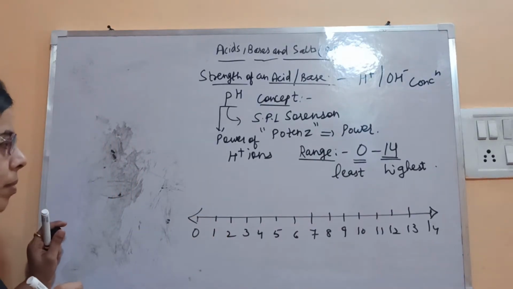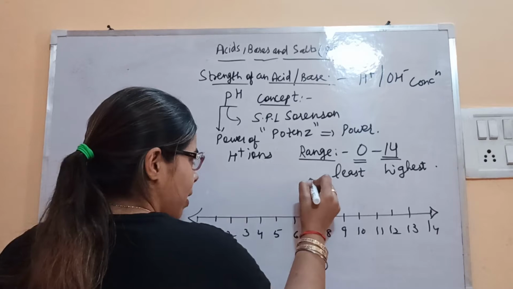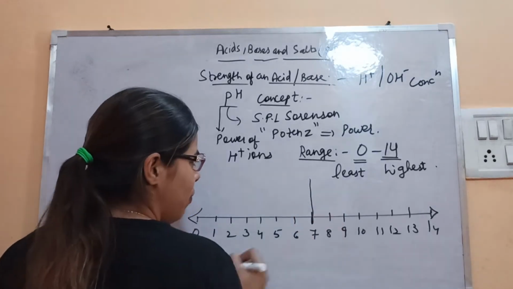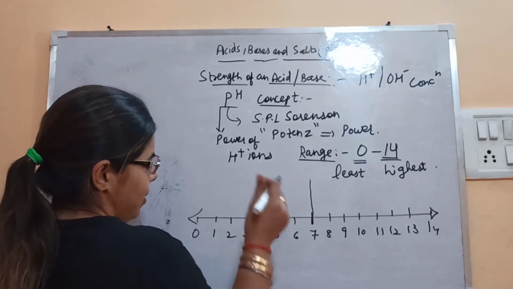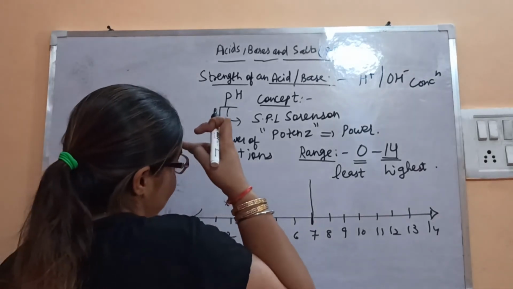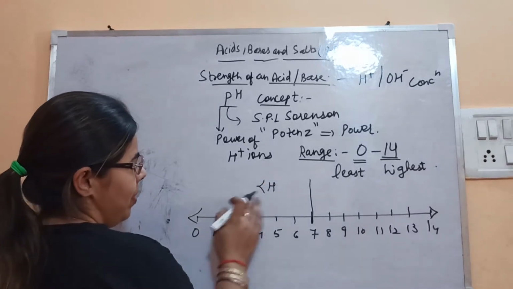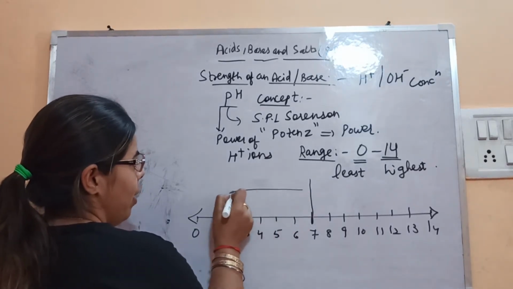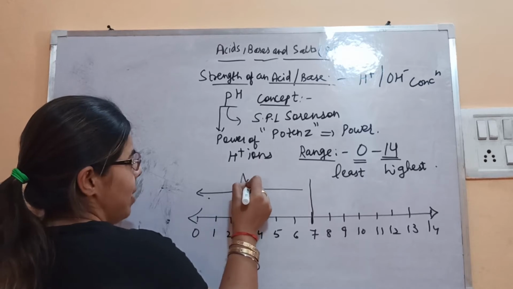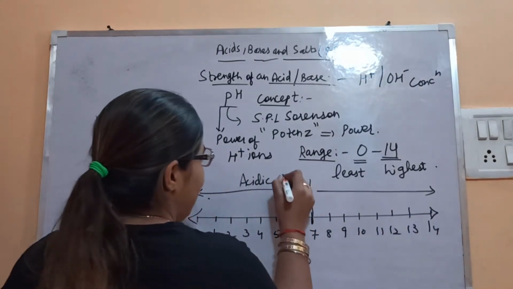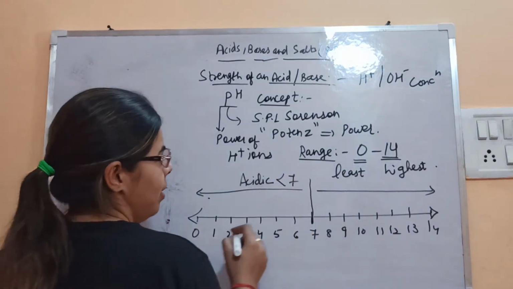Then let's see the concentration of H plus ion. If it is less than 7, all these are acidic substances. If it is less than 7, acidic.